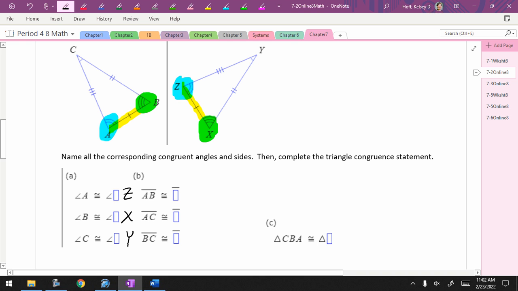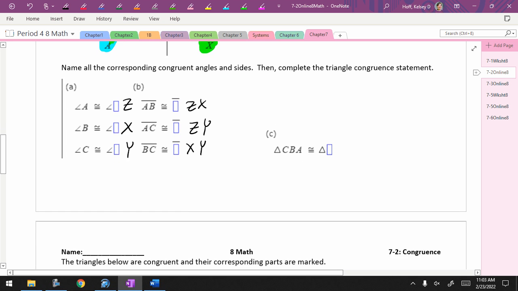But on the sides, it's A, then B, which is going to match up to Z, then X. A, then C, Z and Y. B and C, X, Y. So those are my angles, those are my sides, and the very last one is the full congruent statement. Triangle CBA is congruent to triangle YXZ. Order matters. If you type in XZ, wrong.